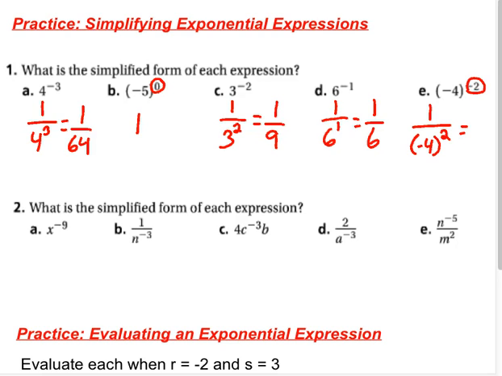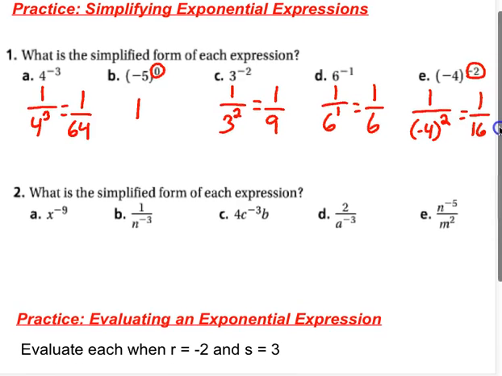Okay, so that's the first thing I clean up. And now negative 4 squared. Well, negative 4 times negative 4 is going to be a positive 16. So I'm going to get 1 over 16 for that.